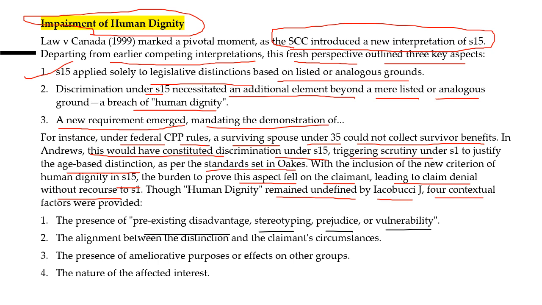Then you have to align the distinction, disadvantage and claimant circumstances. Do the claimant's current circumstances fit under that kind of discrimination? Thirdly, you have to see whether the law has been made for the betterment of some disadvantaged people, so whether there is presence of ameliorative purposes or effects on other groups.